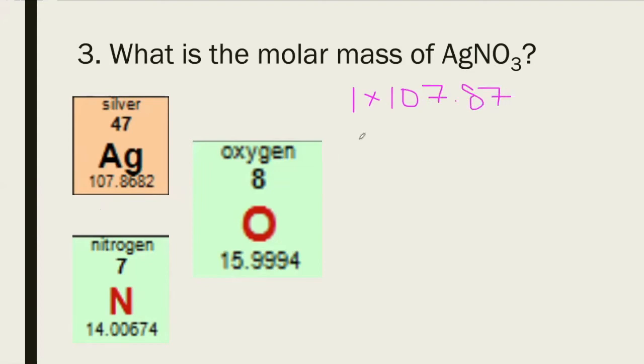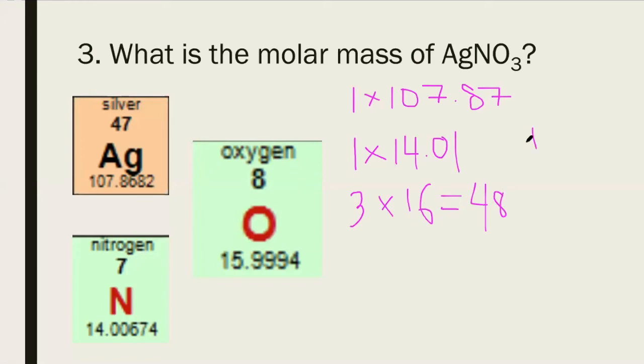N also has 1. So that's 1 times 14.01. Kasi round off to 2 decimal places. And then O has 3 atoms. So we're going to do 3 times 16. So 3 times 16 is 48.